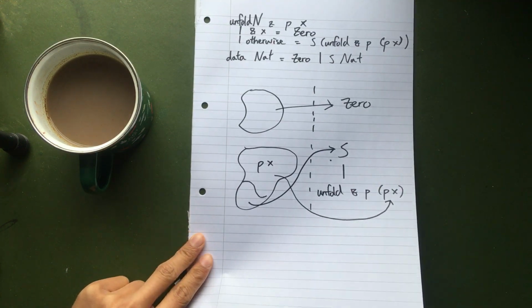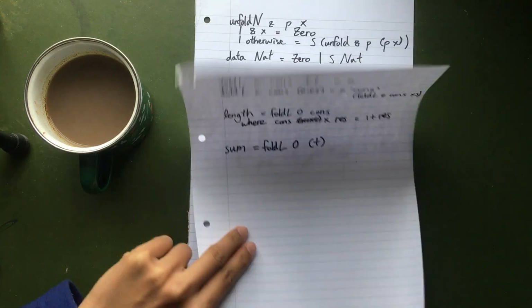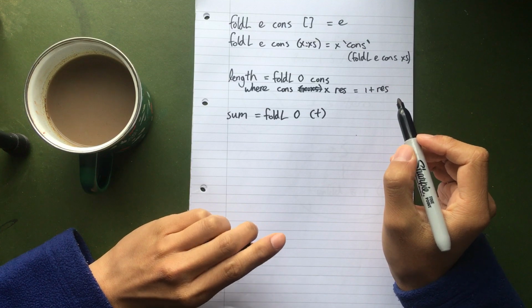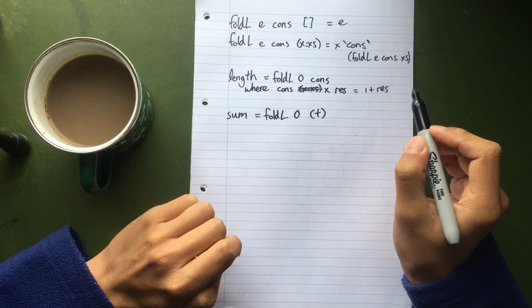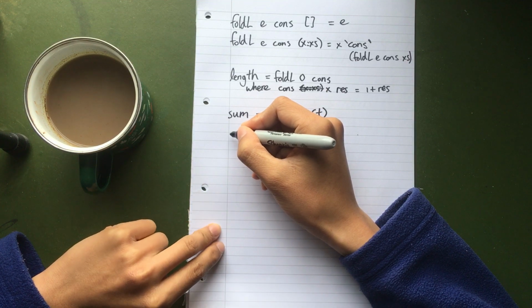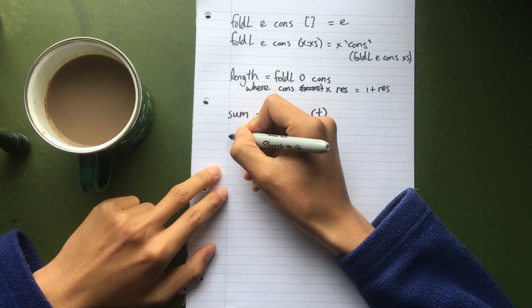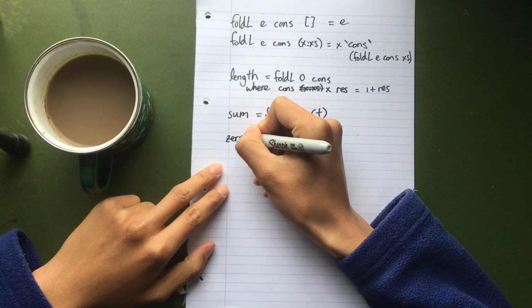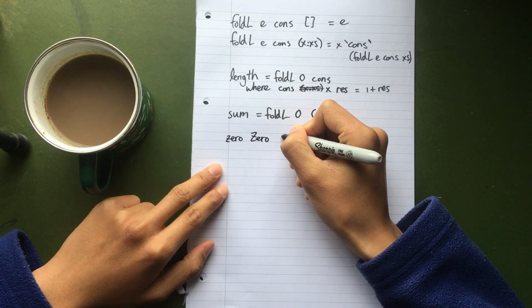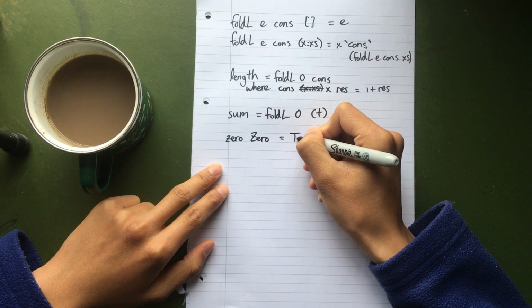Okay, so let's go back and see how we could write length and sum as unfolds to natural numbers rather than unfolds from lists. And before that, I'm going to introduce two helper functions. I'm going to say zero? is going to take in a natural number, and if it's 0, it's going to give us true.